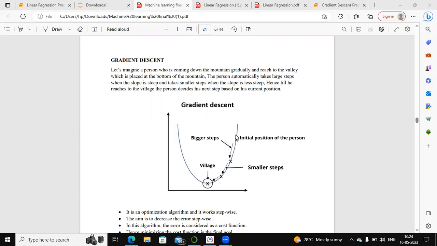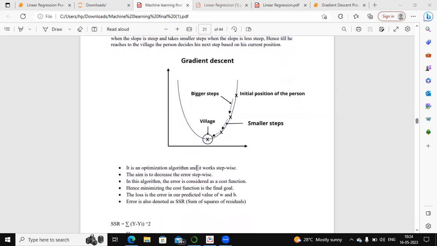The person automatically takes large steps when the slope is steep and smaller steps when the slope is gentle. Till he reaches the valley, the person decides his next step based on the current position. Gradient descent is an optimization algorithm and it works stepwise.